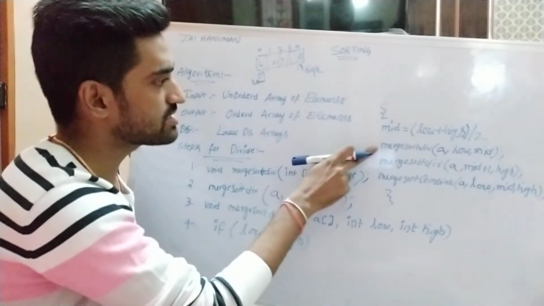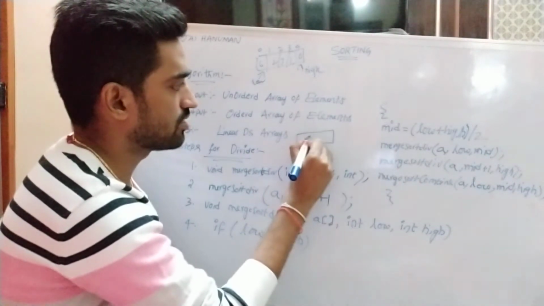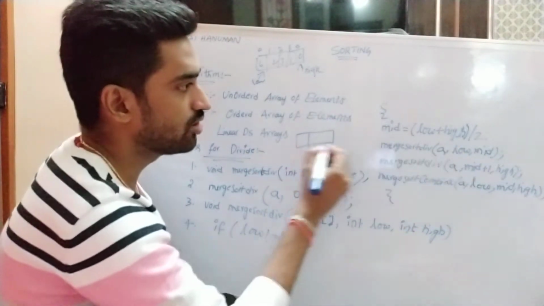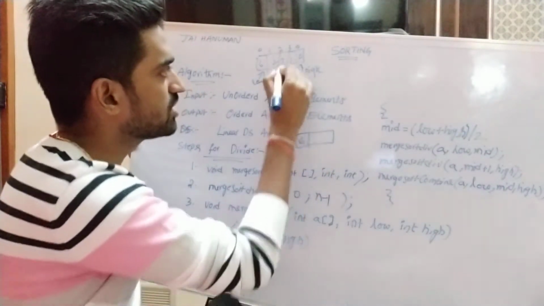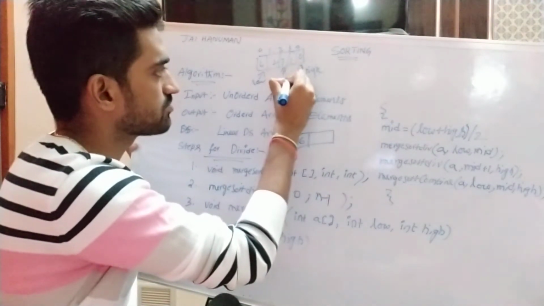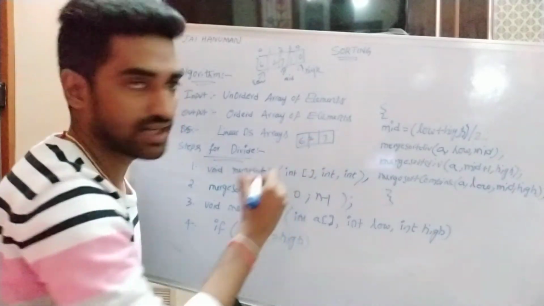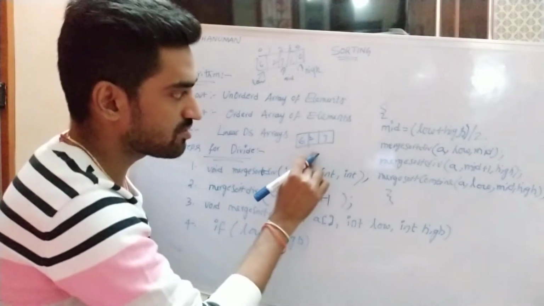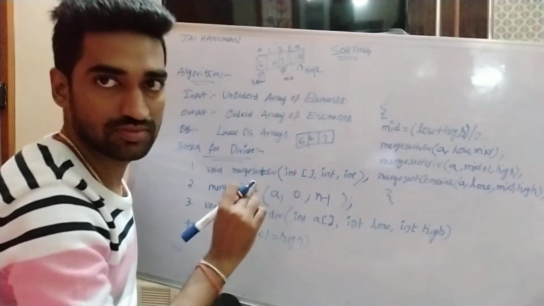So what does the left subarray contain? A, low, so the low value is 6, up to the mid position. What is the mid value for this one? 2, so this is the mid position. We are dividing the left subarray, 6 2 7. This is the left subarray which contains from the low value up to the mid value.